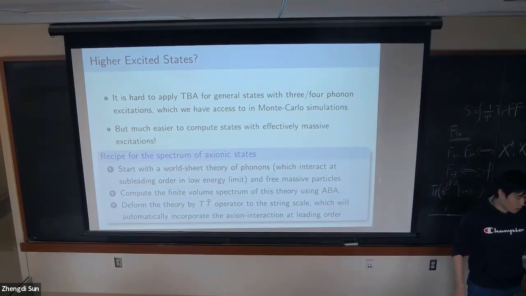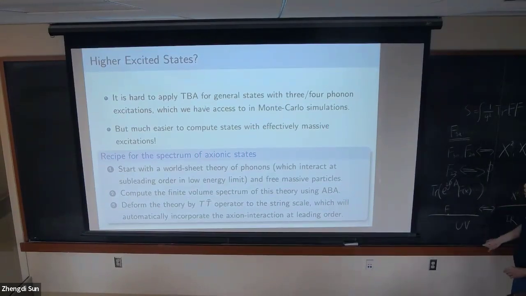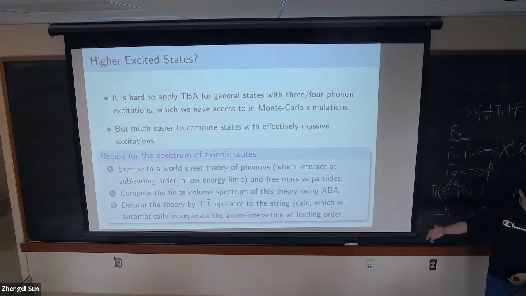So what I have said before about the n equals 1 state is something we have already computed probably like 10 years ago. But at that time, we only had such excited states, and now we have much more. So we have much larger families of excited states that we want to match.